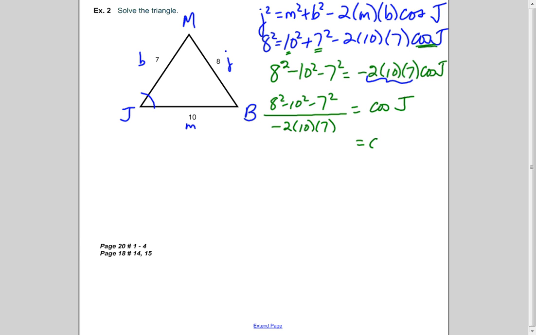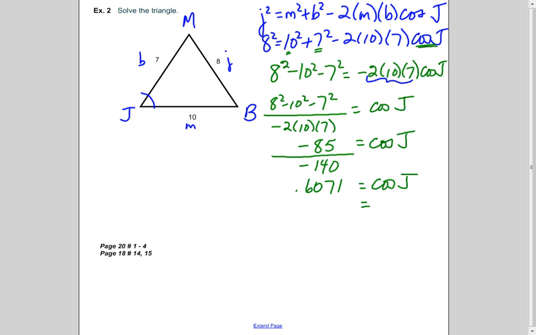I will get a decimal for cos J. 8 squared minus 10 squared minus 7 squared is negative 85, and negative 2 times 10 times 7 is negative 140. So cos J is going to be positive, and 85 divided by 140 is 0.6071.